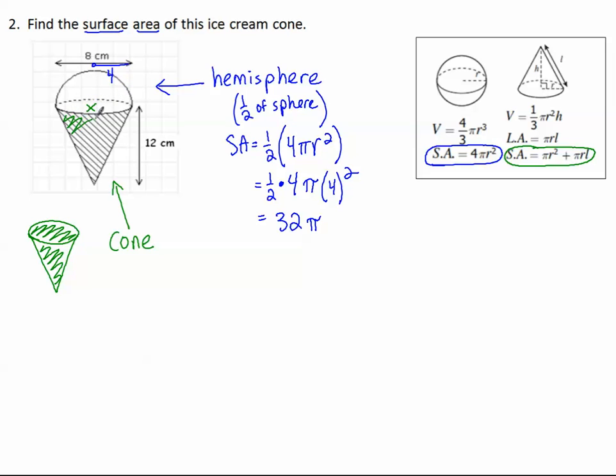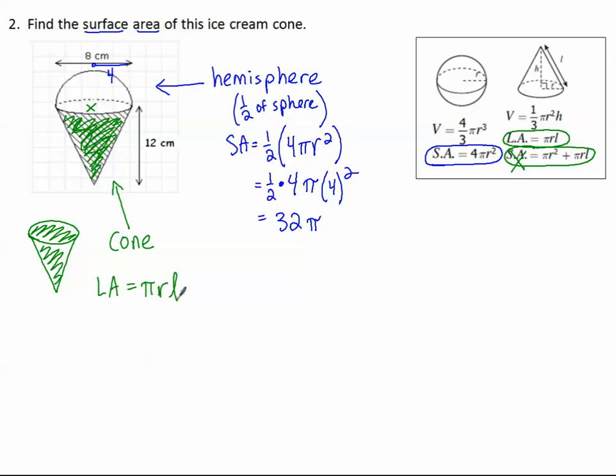So I only want the sides, the area of the sides. And if I only want the area of the sides, I don't want surface area, I want lateral area. So I'm going to use the lateral area for the cone, pi r L.